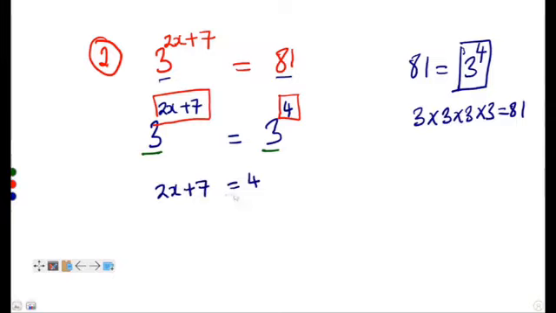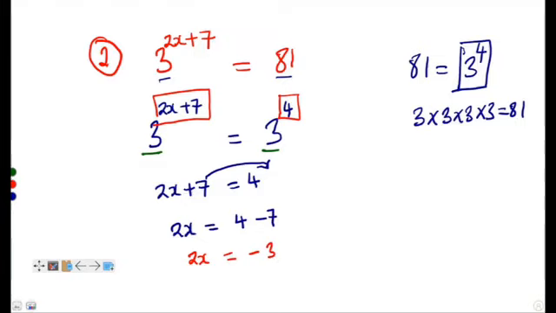Now we have the equation here. We can take this positive 7 to the left hand side. We are going to have 2x is equal to 4 minus 7, and 4 minus 7 gives us negative 3.